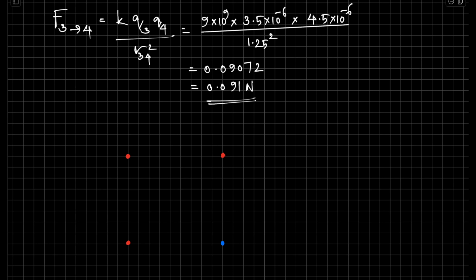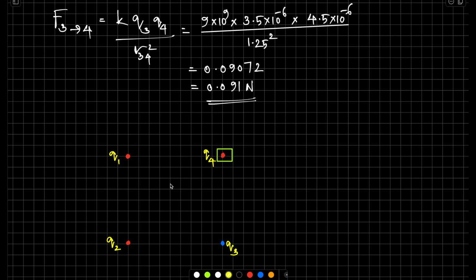We are going to find the total force exerted on Q4. This is Q1, this is Q2, this is Q3, this is Q4. So we are going to find the total force exerted on Q4. Right. So F1 to 4, the force exerted by charge 1 on charge 4.